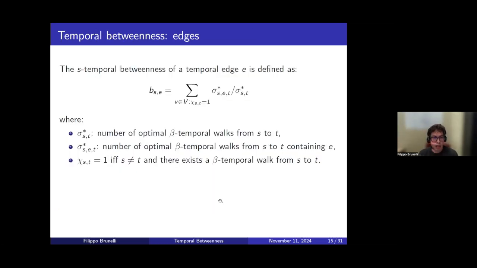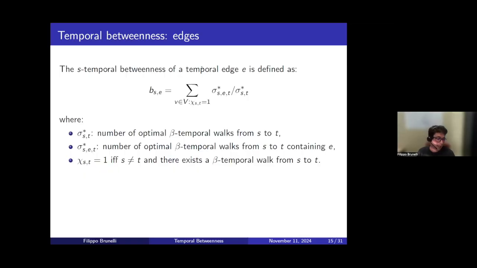Here I want to introduce the temporal betweenness of temporal edges rather than vertices. The reason is that in our work we really focus on temporal edges. In the algorithm that I'm going to present, temporal edges are the main actors, which I think is quite a difference compared to previous work where vertices are more the center of attention.